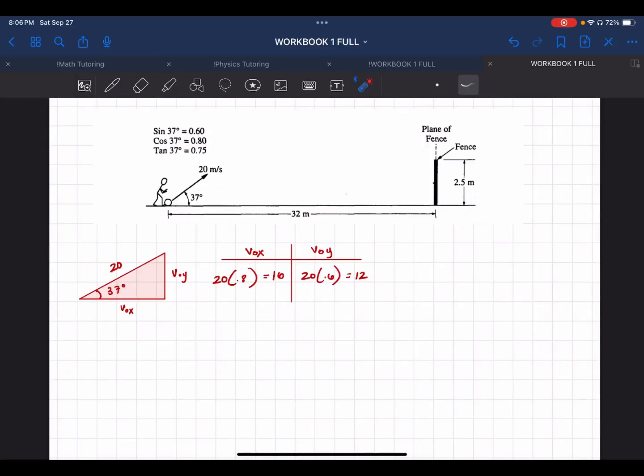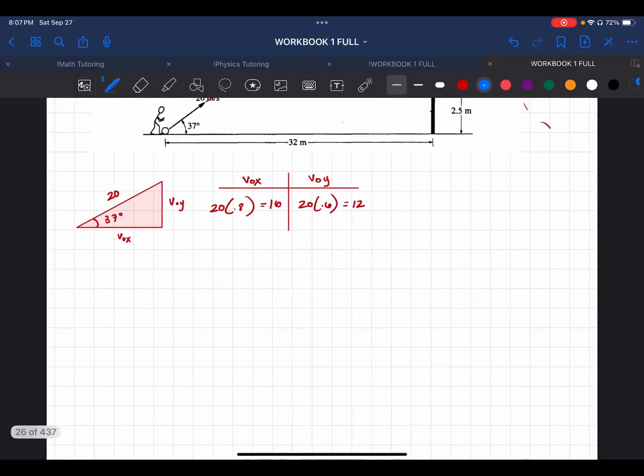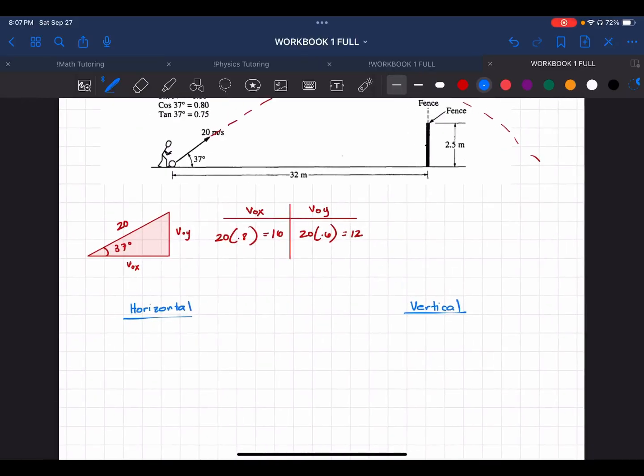So the only difference is, remember last time we found the time to get here? We're going to do the same thing. We don't know where this ball is going, so I'm just going to assume it went over, or you can assume it went under, but it doesn't matter. At this location I can find the time, because I can split it into horizontal and vertical sides.